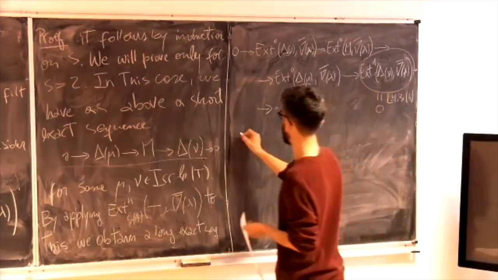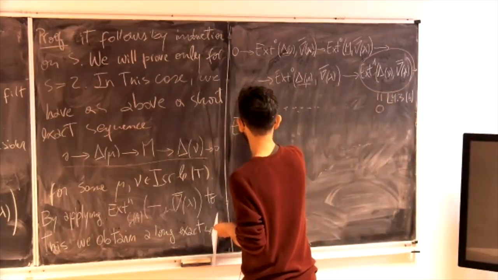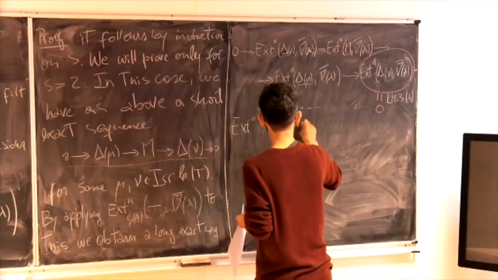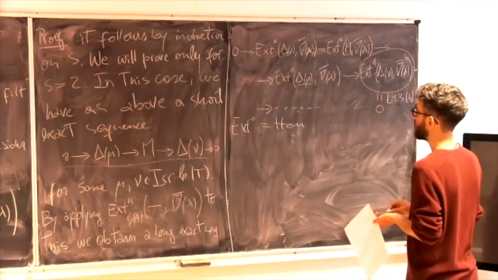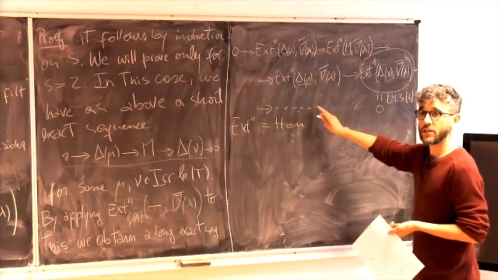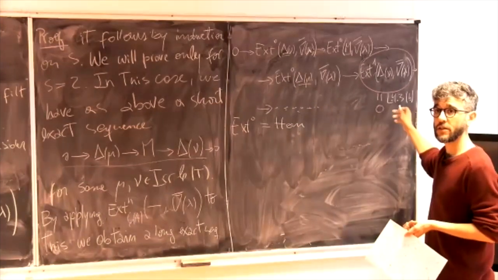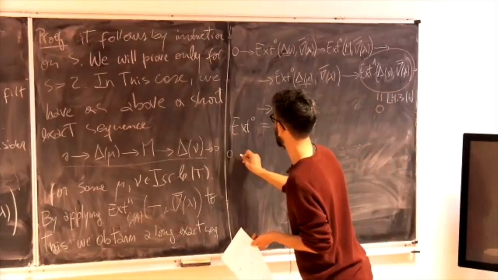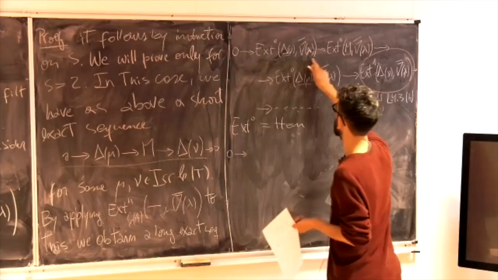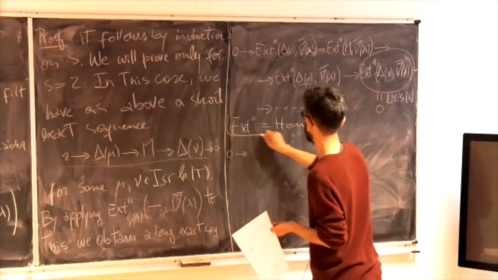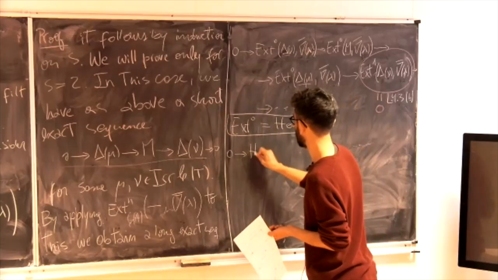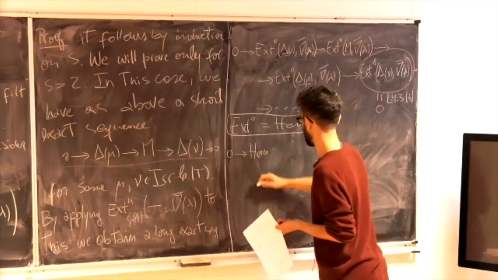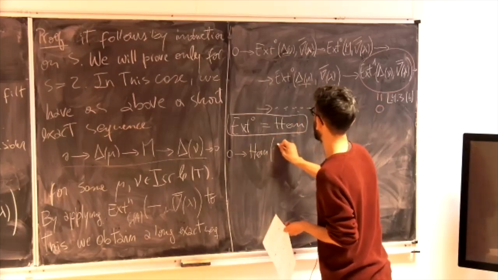And the other thing to note is that Ext 0 is the same as Hom, the Hom space. So this, which is in principle a long exact sequence, is really a short exact sequence of the form 0. Instead of Ext 0, we can put Hom. I don't write this because I have no space.